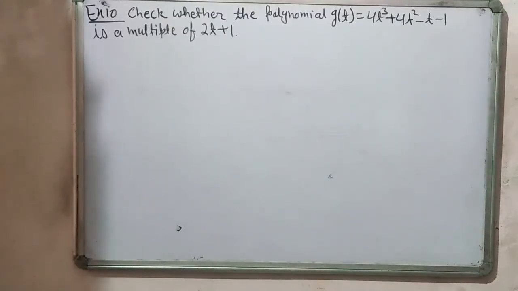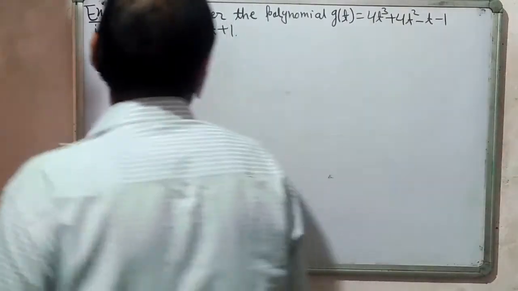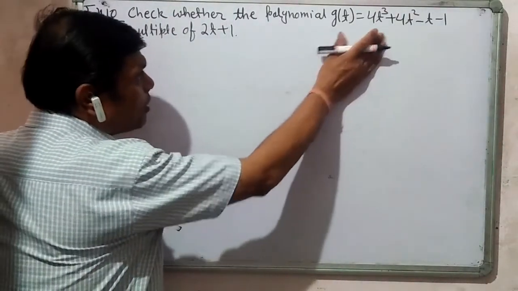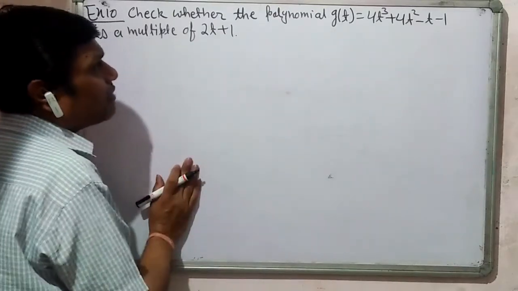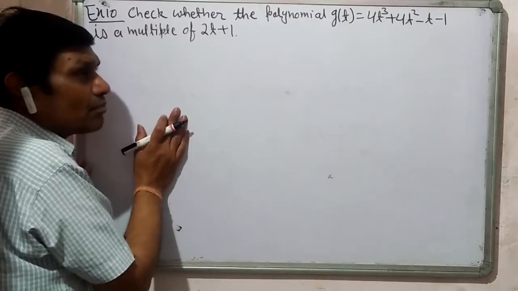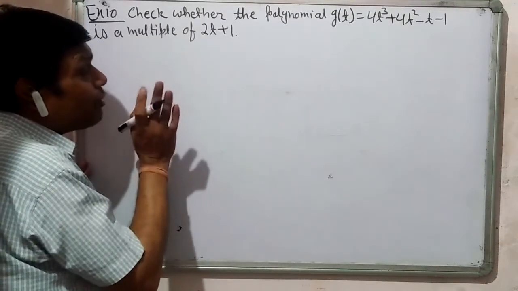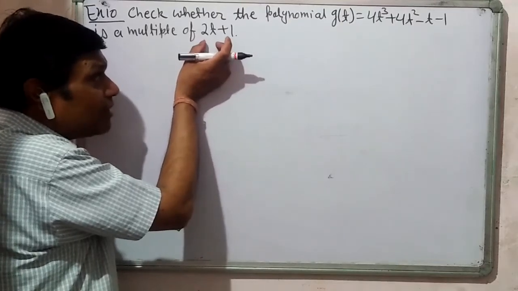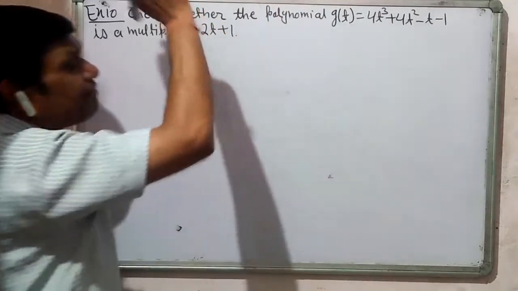Dear students, example 10 of this chapter is: check whether the given polynomial g(t), that is 4t cube plus 4t square minus t minus 1, is a multiple of twice t plus 1. The other way around, we can say that we have to check whether twice t plus 1 is a factor of g(t).